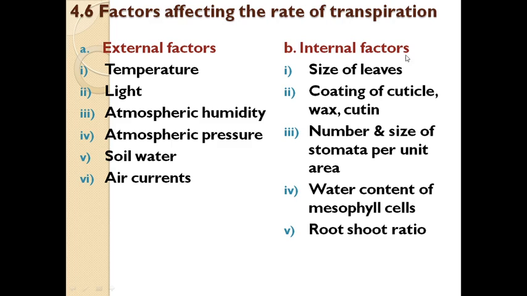Then the internal factors, like size of leaf, coating of cuticle, wax, cutin, number and size of stomata per unit area, water content of mesophyll cells, and the root-shoot ratio. So student, I am focusing on them one by one briefly.